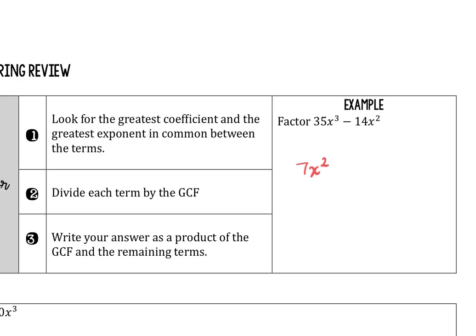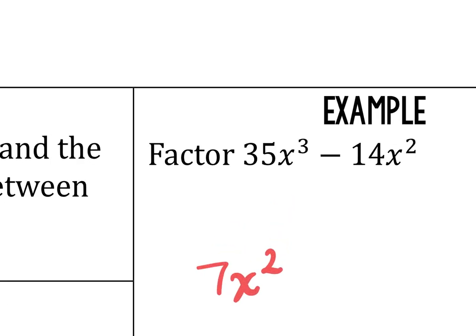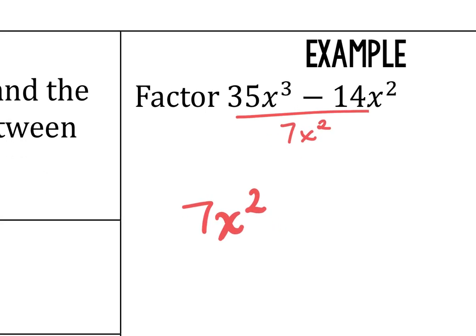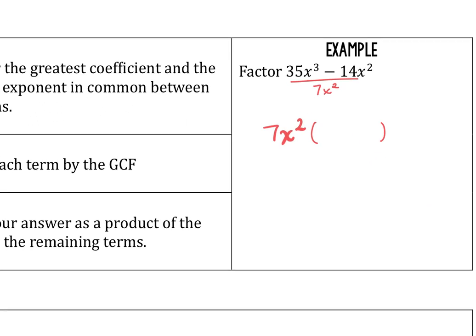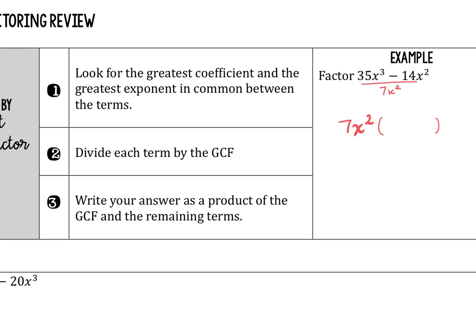Now that you have found the greatest common factor, step 2 is to divide each of these terms by that GCF. And when we divide, we're going to put the remainder inside of the parentheses, because the factored form of this expression will be the product of this GCF and the remaining terms.